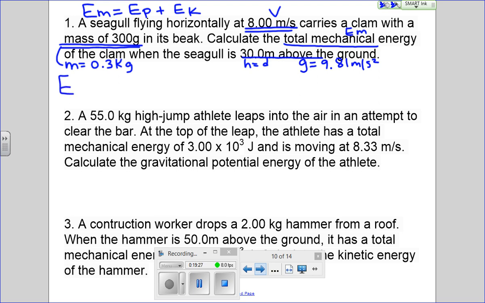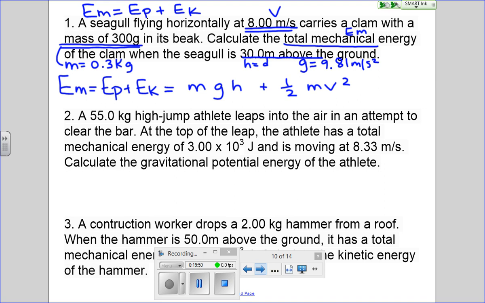Now, in this case, I know I want mechanical energy, which means I'm going to add together potential and kinetic energy. That means I can take their two formulas and add them together. So that means I can do mgh plus 1/2 mv squared.